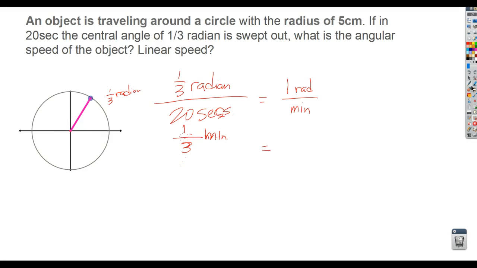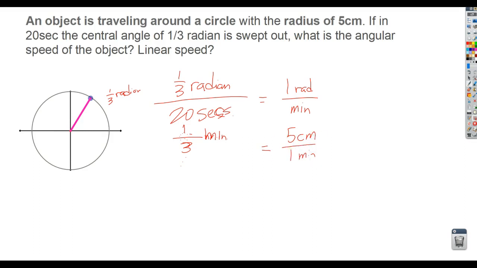So let's see, 1 radian in 1 minute. I got to check my notes again. Sorry, brain fart. It's going to go 5 centimeters in 1 minute. Okay, how did I get this?